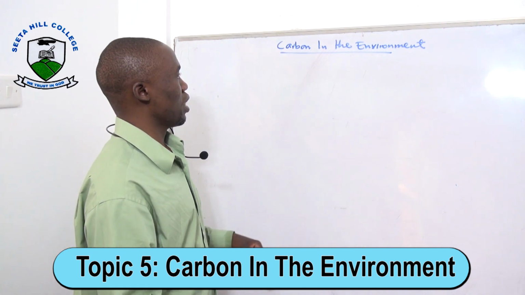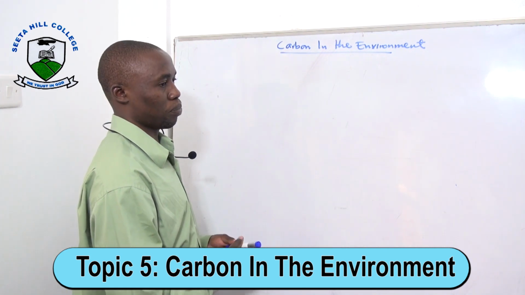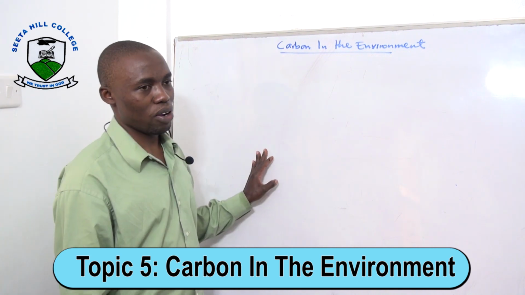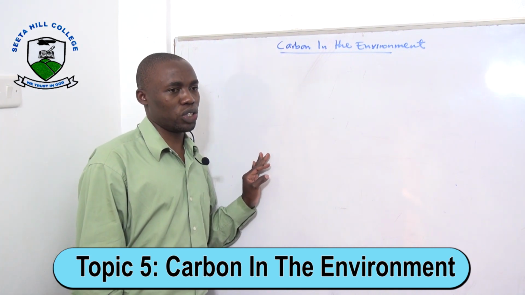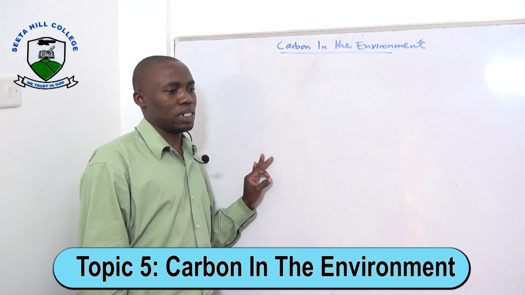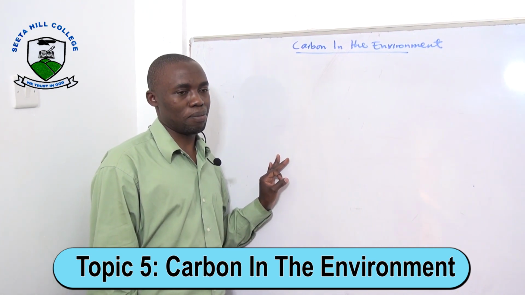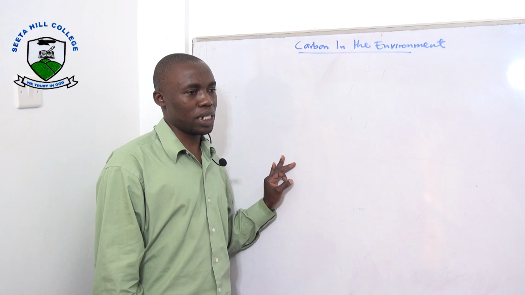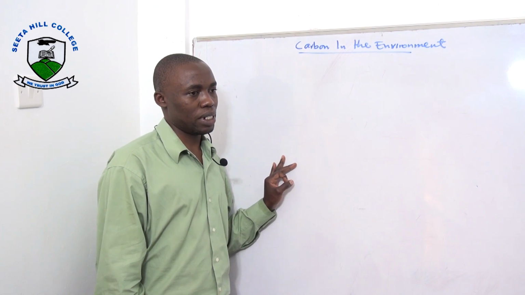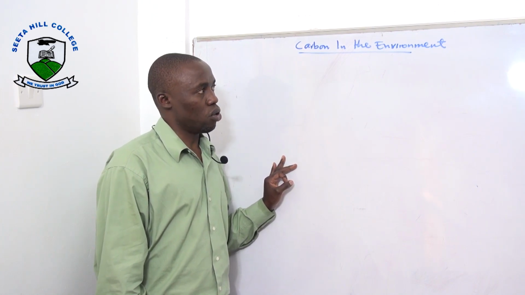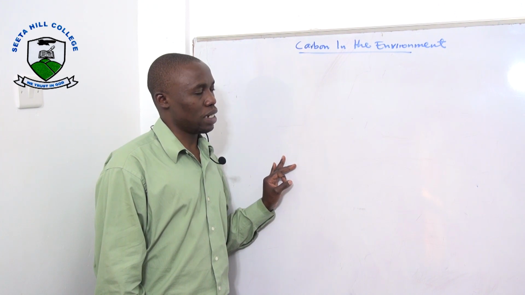Now, this is so broad. Remember, in our periodic table, we also saw that carbon was among some of the elements in the periodic table. What was the group of that element?